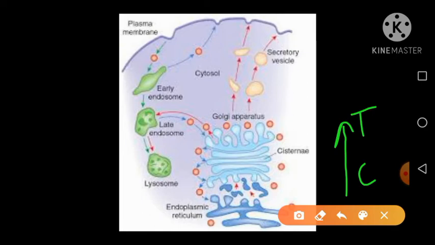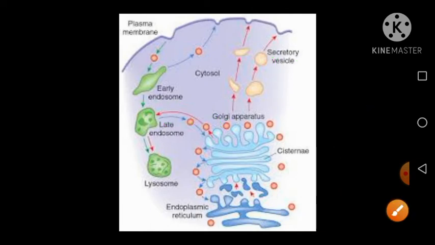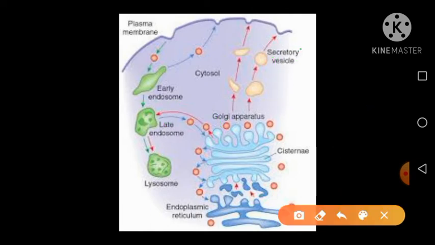That is, glycosylation takes place, that is, sugar molecules are transferred to the protein, or sumoylation. So many modifications take place within a protein, and then that protein is sorted, going to the plasma membrane, or going to the lysosome. So this process is known as the protein sorting.